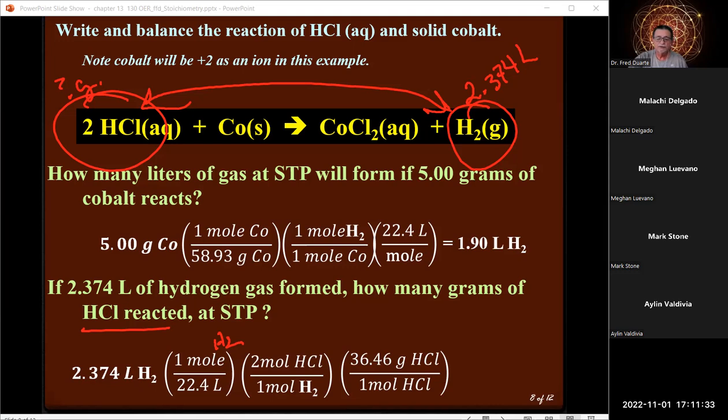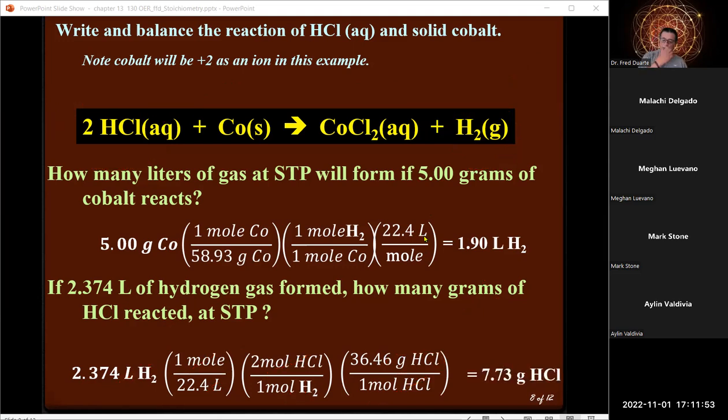And that will put us into grams of HCl. So notice our units here, how they all cancel, leaving us with the grams of HCl, which is what the question asks for. So now you just plug those numbers into your calculator, and you should come up with 7.73 grams of HCl.